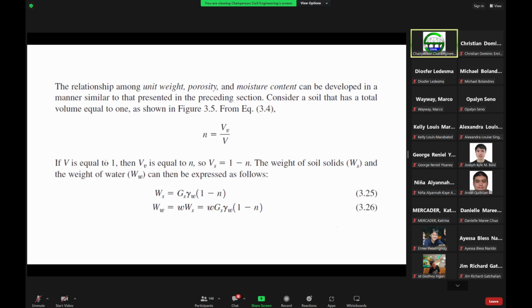If the total volume is equal to 1, then the volume of voids is just equal to n. So the total volume of 1 is equal to n plus the volume of solids, or the volume of solids is equal to 1 minus n.